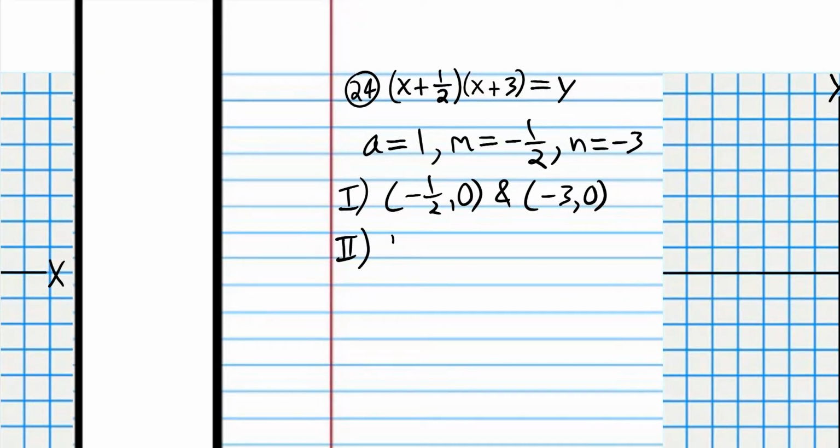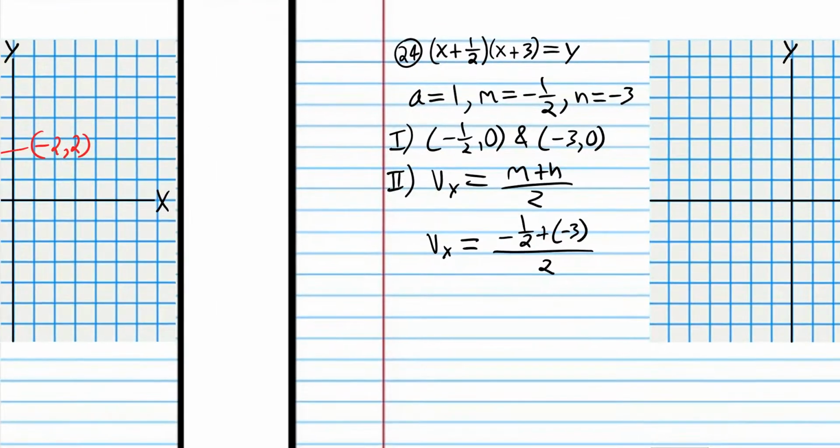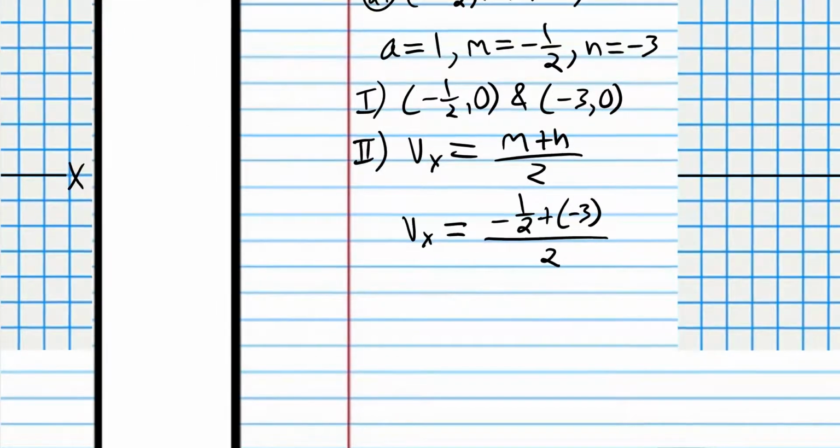Step 2 is to find the x value of the vertex, which, again, using this equation from those information boxes. But now we're going to have a fraction, and it's going to be harder to deal with because of that fraction. So now we have to add negative 1/2 and negative 3.